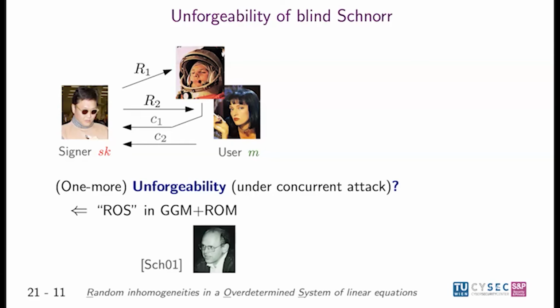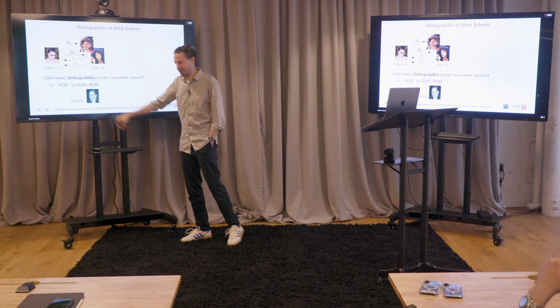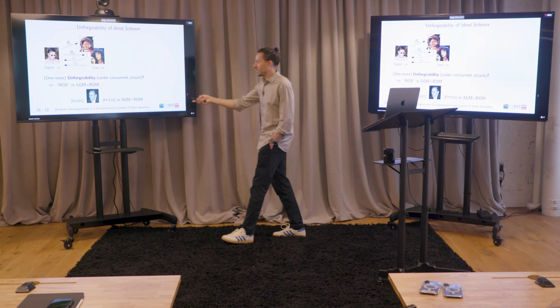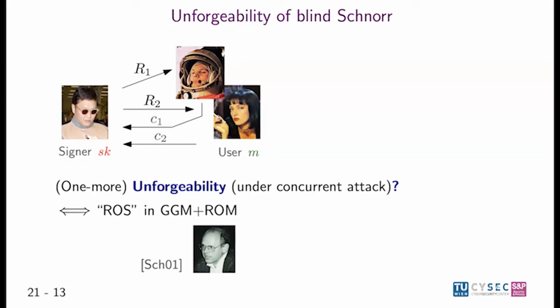That's very surprising in crypto proofs, because if you already assume all these idealizing things, then usually you don't have any assumptions you want to make, but here you even need assumptions. We showed that you can show the same thing in the algebraic group model. But what he showed is that it's actually equivalent. He showed that if you can solve this ROS problem, then you can attack Bitcoin in a concurrent attack.